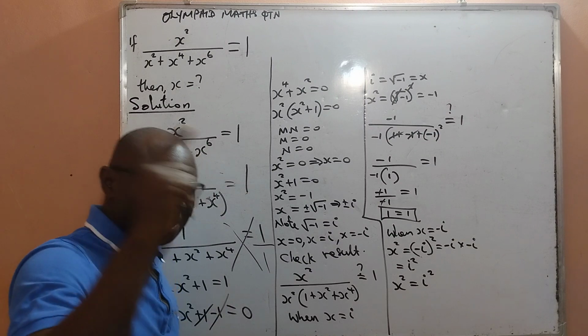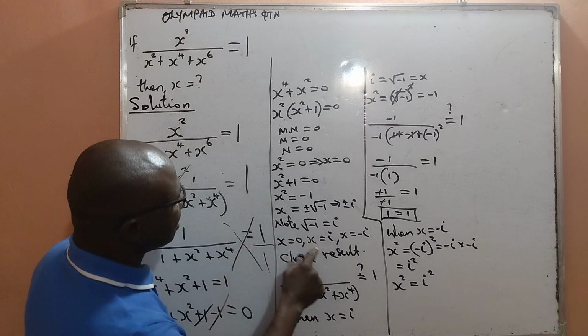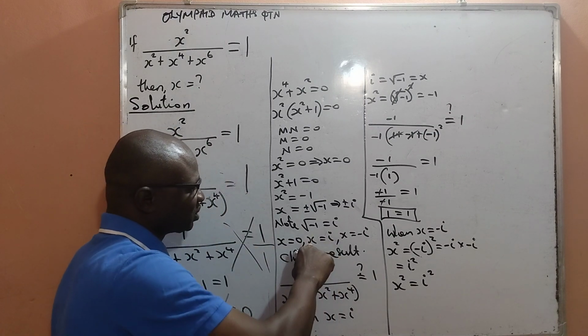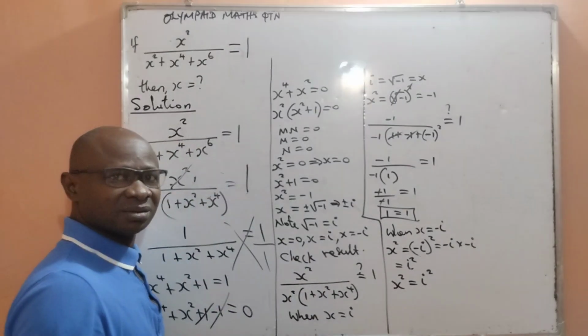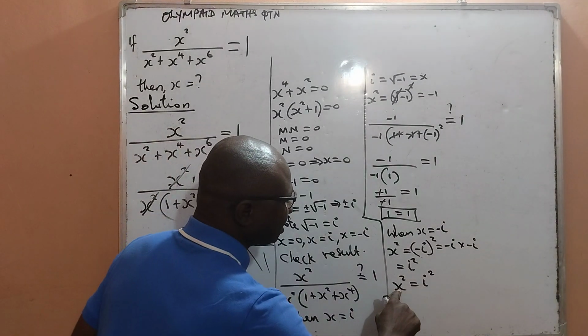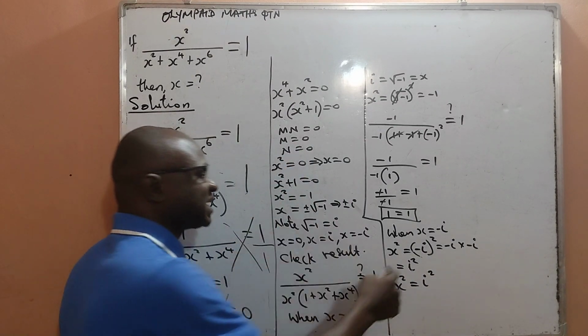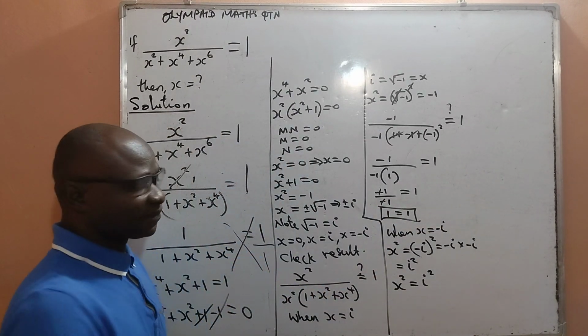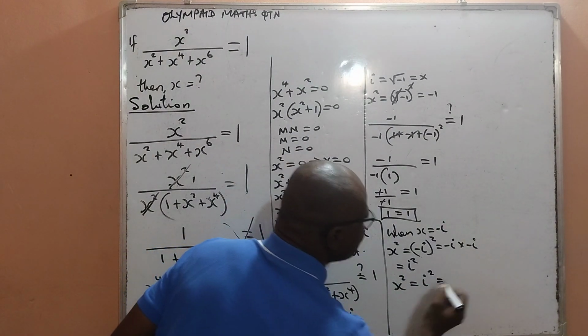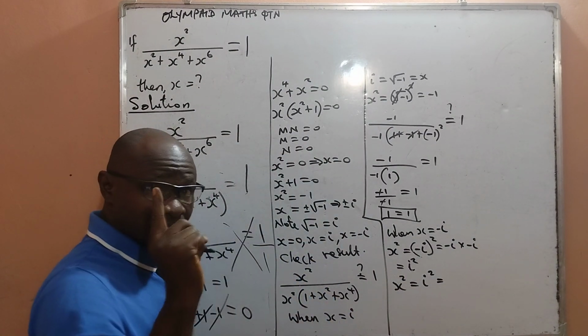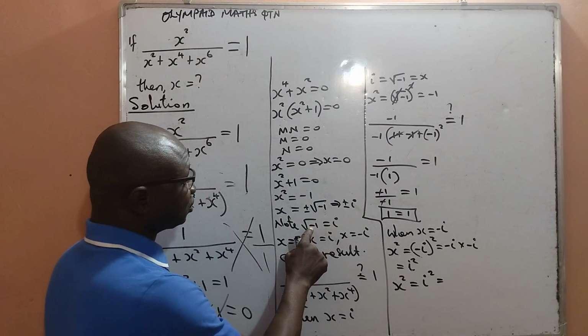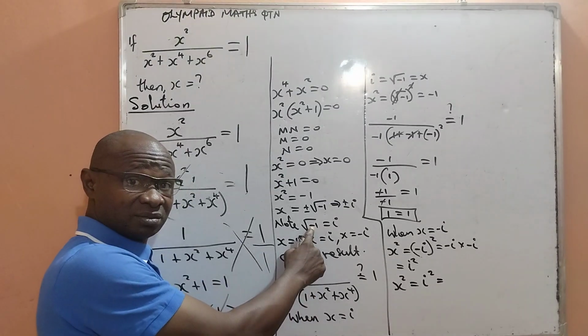But then, what is I? We got here that I is equal to x. Anywhere I see x squared, I can put I squared. Now, what number will replace that I squared? That is what we are saying. It is equal to I alone. I alone is square root of minus 1.